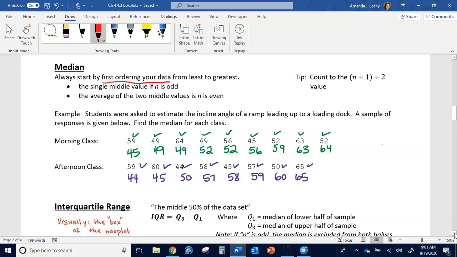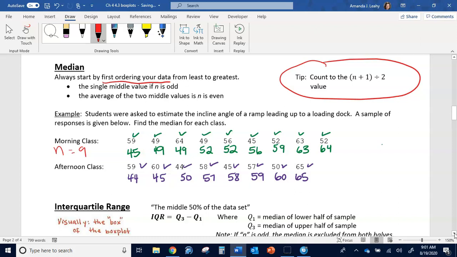So I'm going to count 1, 2, 3, 4, 5, 6, 7, 8, 9. So this has a sample size of 9. So I should be able to find the very middle number. Now here's a little tip to help you out. If you count to the n plus 1 divided by 2 value, that will give you the position of your median.